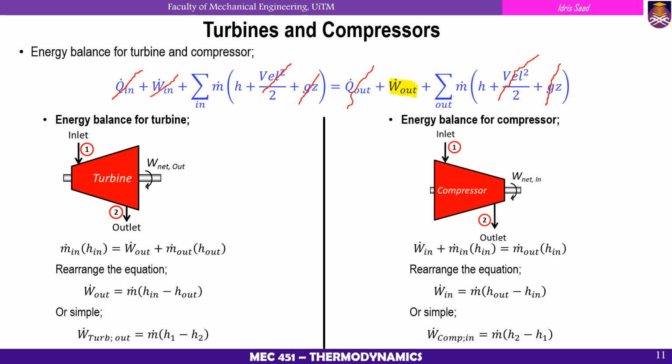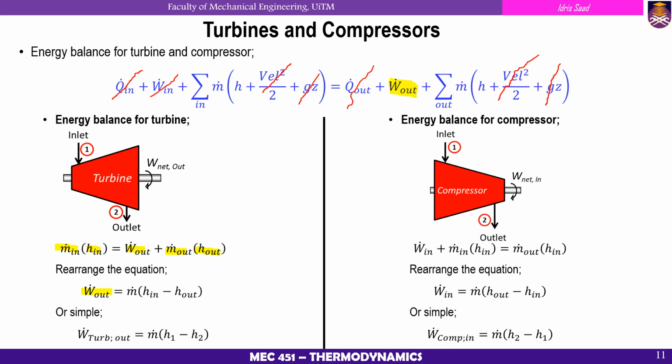The remaining components of the energy balance for the turbine are m dot in times h1, or h in, equals W dot out plus m dot out times h out. As I mentioned earlier, for the turbine we want the work out.